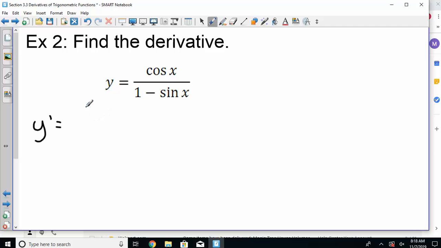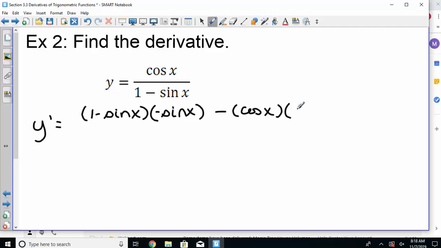So that is low. So the bottom, 1 minus sine x. D high, what's the derivative of cosine? Minus high, so cosine x. D low, what is the derivative of 1 minus sine x?